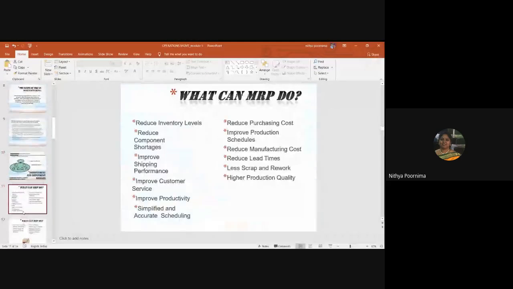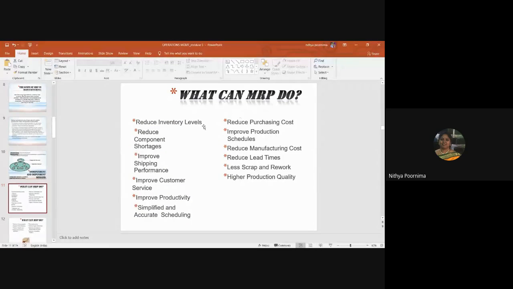We'll see what MRP will do. This itself speaks to what MRP does. When you have an MRP, it reduces your inventory levels, reduces component shortages, improves shipping performance, your customers are better satisfied, productivity is improved, simplified and accurate scheduling is done, and it reduces purchasing cost.